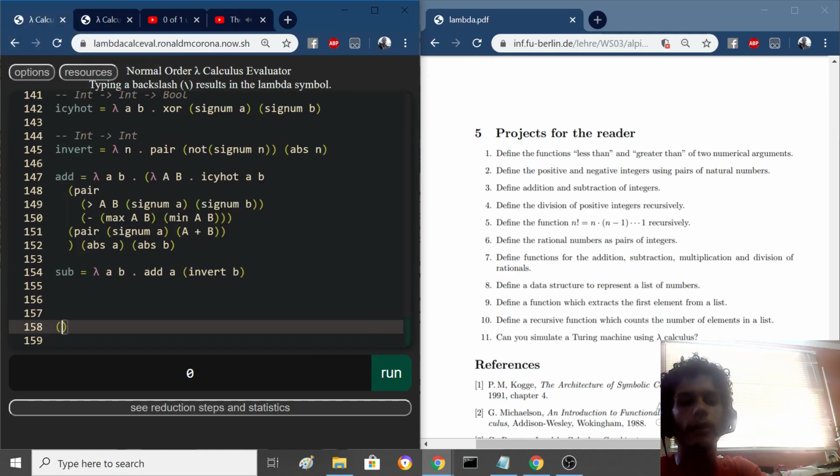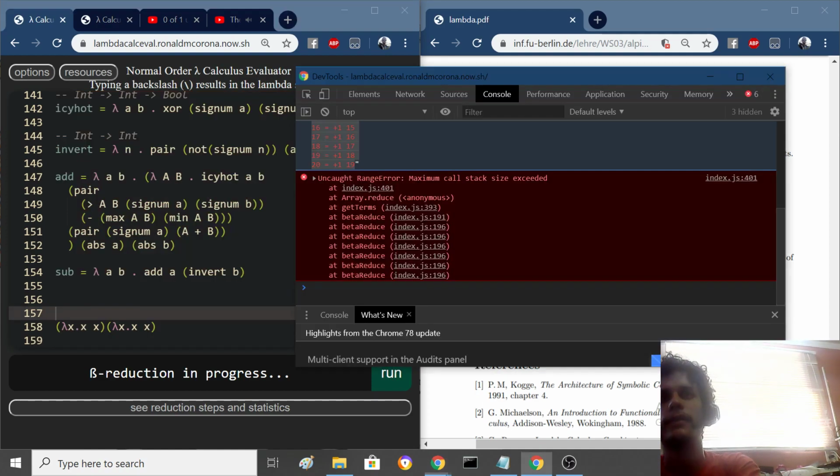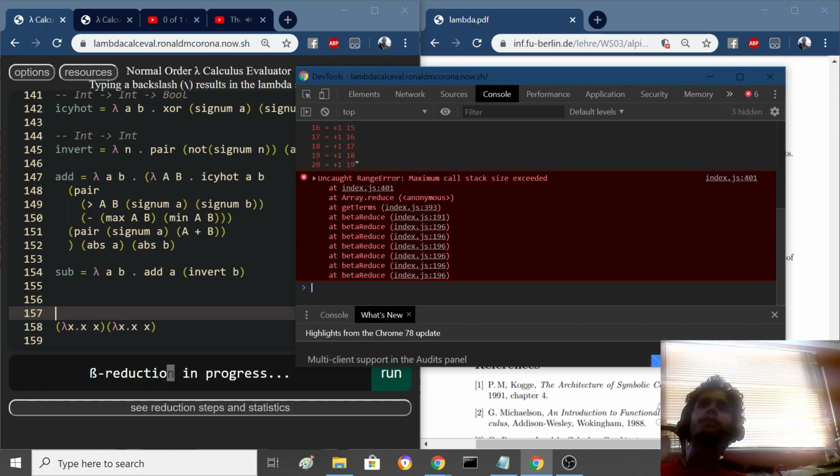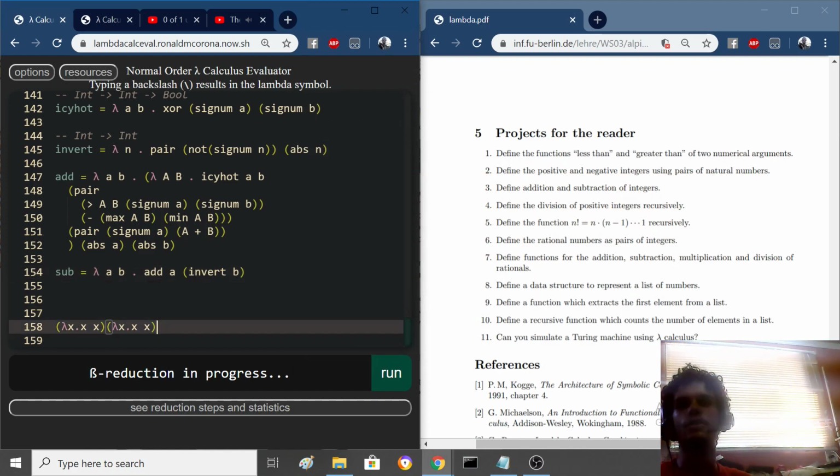Here it is. Try to evaluate this by hand. Lambda x dot x x applied to lambda x dot x x. What happens when I use it? Look, nothing. Beta reduction in progress, but maximum call stack size exceeded. It should take you just one second of looking at this to realize what is going to happen, right?